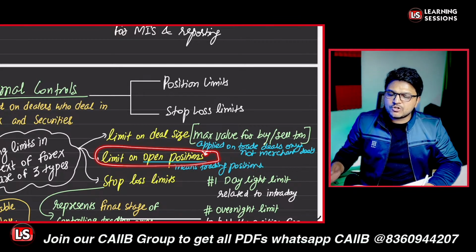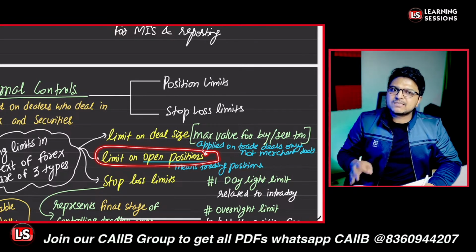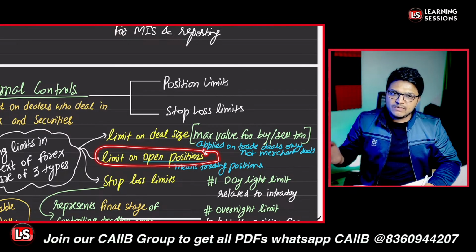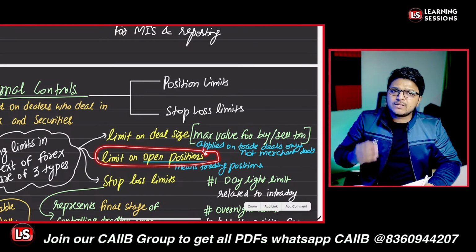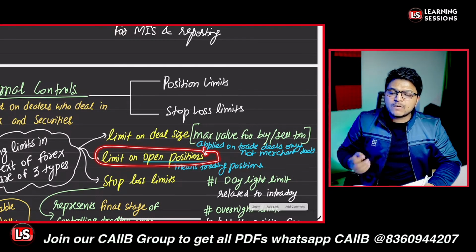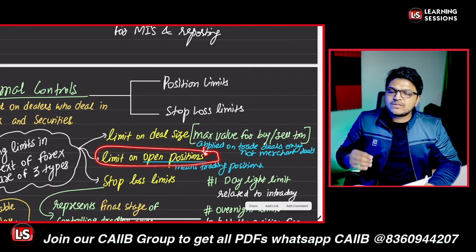And the open position could be related to a daylight limit, an overnight limit, or anything, right? So different limits can be imposed. It may be based upon one day, or different time horizons, let's say 2 days, weekly, bi-weekly, even yearly, the limits can be placed. It could also be a counterparty limit, or a country limit so that your overall risk can be limited.